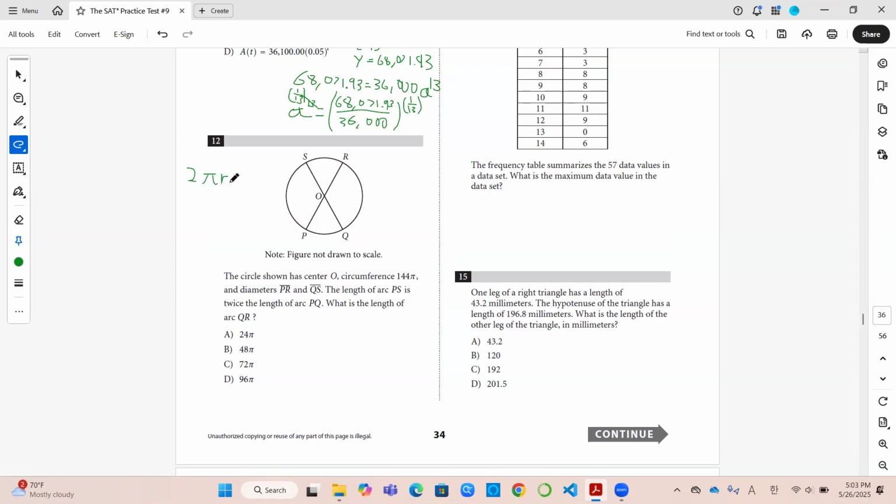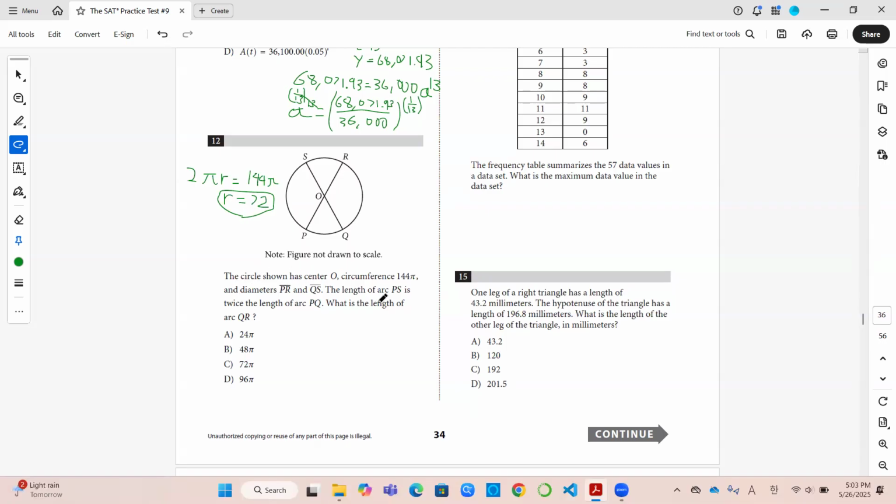Please review this if you're unfamiliar with this formula. So 2 pi r is 144 pi. I can determine the radius by saying that it's 72, because you would want to divide 144 pi by 2 pi. So here's your important information here.